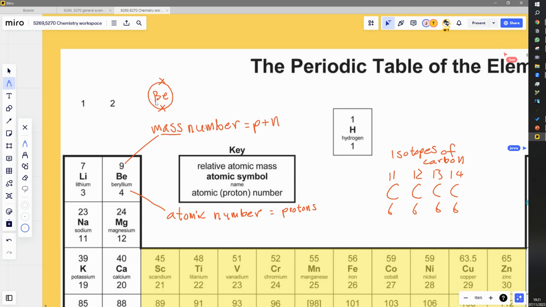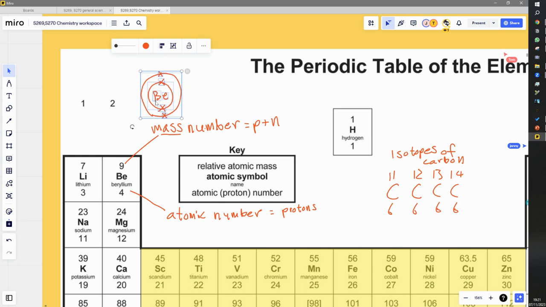So once I've filled that first shell, then I needed to do another shell. The second shell can hold up to 8, but I only need to do 4 in total, so I need to do 2 more. So 1, 2. So that's my beryllium atom drawn, and I don't need to know where it is in the periodic table. I just need to know this number here, and I can draw my beryllium atom.